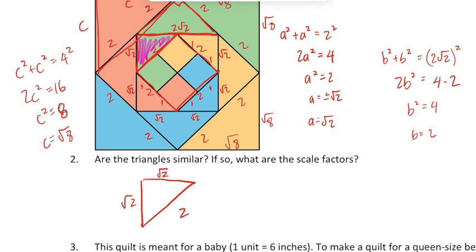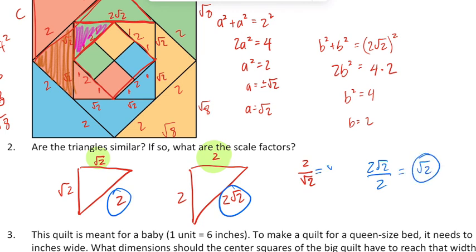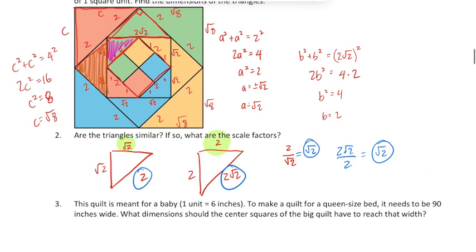And then the larger red one is going to be 2, 2, 2 root 2. So if you're looking for the scale factor from small to big, we'll take one side, 2 divided by root 2. Or you can use the hypotenuse. You can say 2 root 2 over 2, and that gives you root 2. This, if you simplify it, also gives you root 2. So the scale factor is going to be root 2.